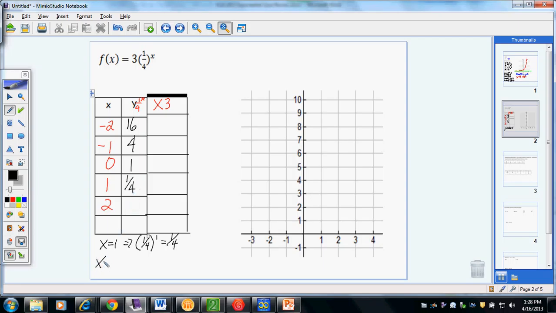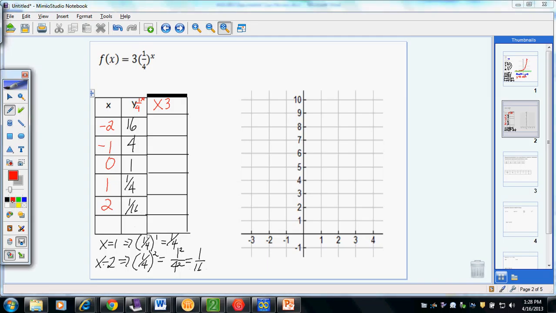And then when x equals 2, this implies 1/4 to the second, which is the same thing as 1 squared over 4 squared, which equals 1/16.